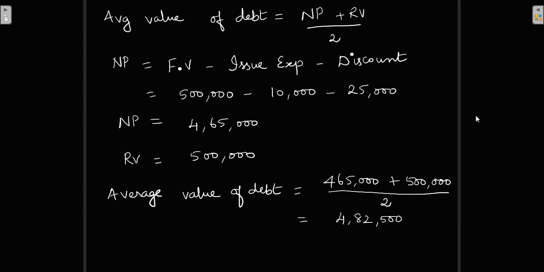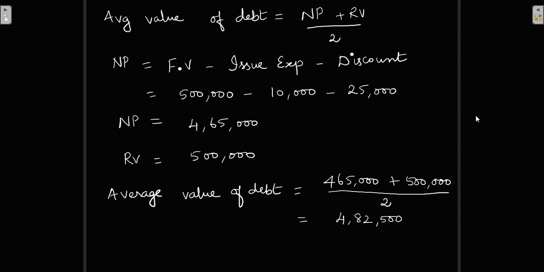Moving on, we are going to find the average value of debt. So to find the average value of debt, you have to first add net proceeds and redemption value and divide it by 2. So net proceeds, we all know face value. Since this is issued at a discount, we are using this net proceeds formula: face value minus issue expenses minus the discount on debentures.